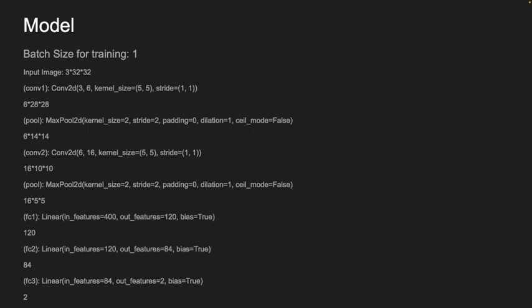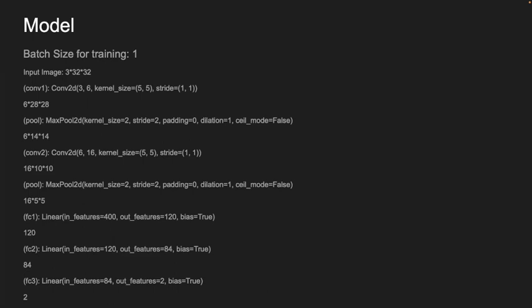So we chose a model with both convolutional layers and linear layers. At first, we were trying to do only linear layers, like multilayer perceptron layers, but we found that the MLP model was too large, and with only 2 convolutional layers in the front, we could still get a pretty decent accuracy.